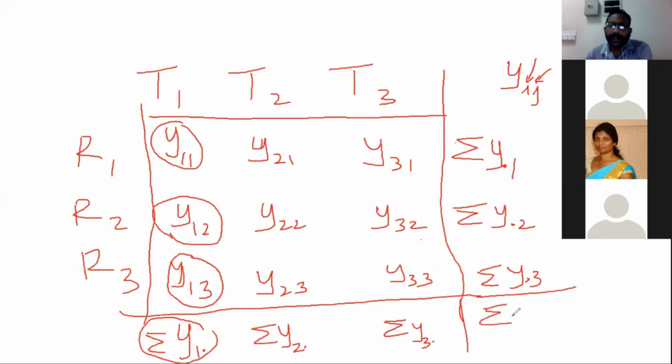So how can I write Y? How many elements are there? These are elements. You did matrix, right? These are called first element, second element, third element, and so on.